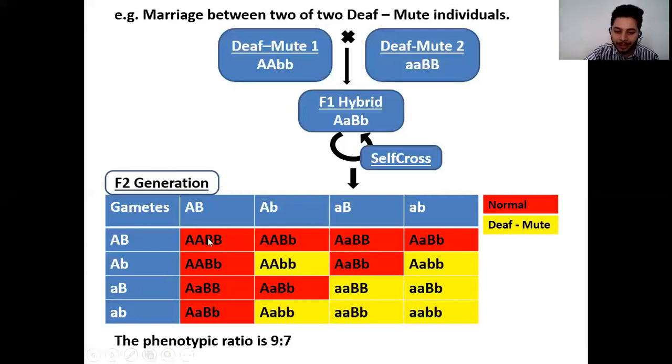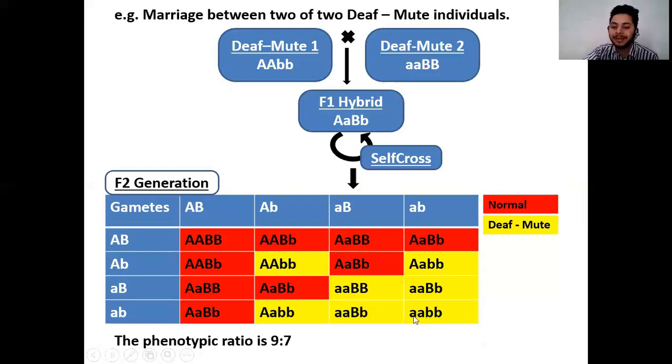On the contrary, in all these yellow colored boxes, either only capital A is present or only capital B is present. So therefore, the complementary relationship is broken and therefore the individual is said to be deaf mute. In this particular case also, you see that neither capital A nor capital B is present.